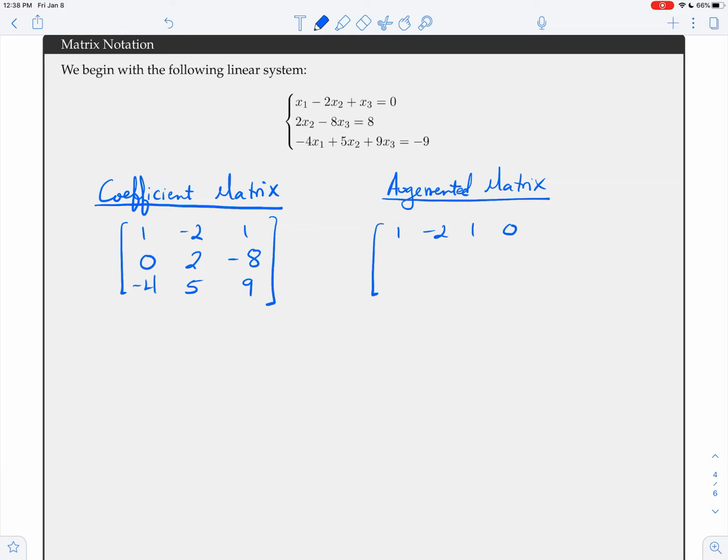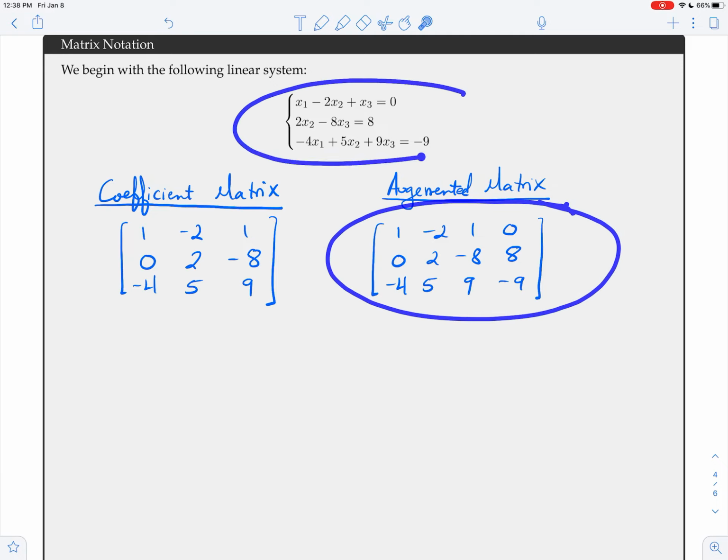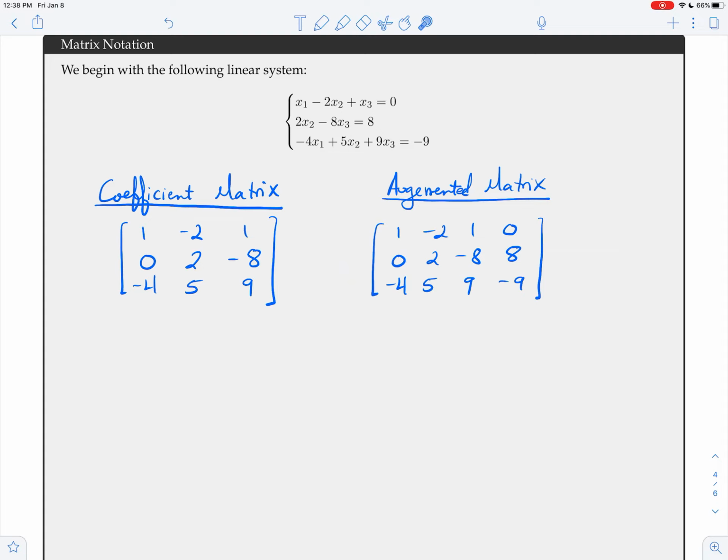So then a 0, 2, minus 8 is equal to 8, and then minus 4, 5, 9 is equal to minus 9. And if you have eyes to see it, given an augmented matrix, you can quite literally write down the linear system and vice versa. It's the same information.